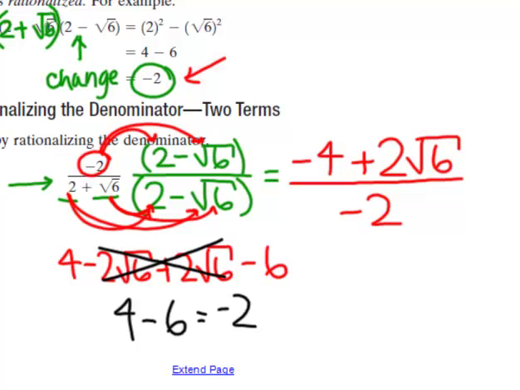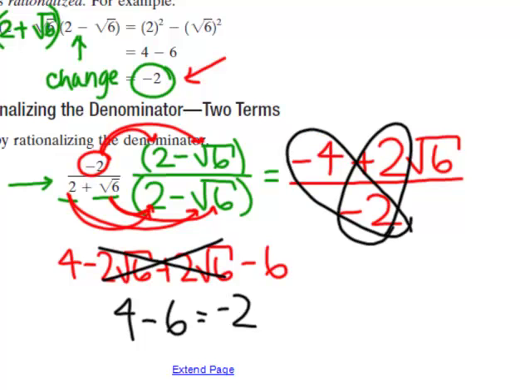So even though this red thing over here doesn't have a square root anywhere in the denominator, doesn't have any fractions underneath, we need to make sure that just our numbers are simplified. So we need to divide these two numbers and then also divide these two numbers because negative 2 is underneath both of them. So negative 4 divided by negative 2 gives me positive 2.